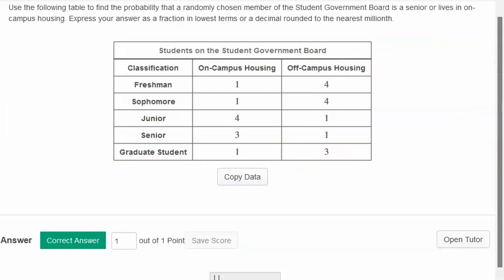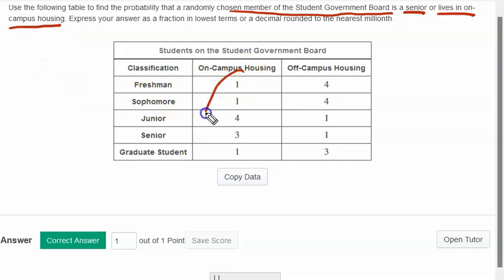Now, we had one like this in our classwork and in our flipped classroom as well. Here's the table. We want to find members of the student government board that is a senior or lives in on-campus housing.